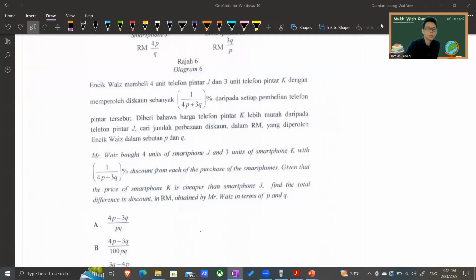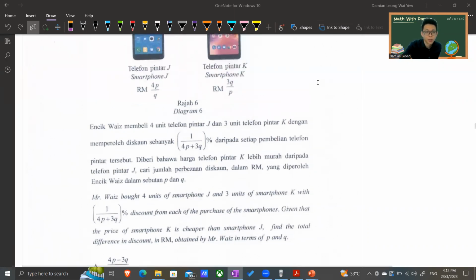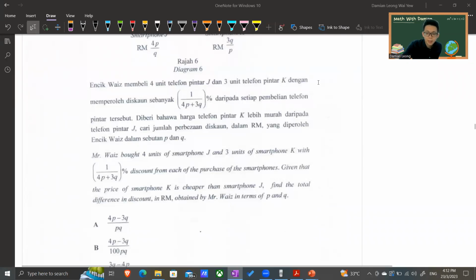Okay, so I want the total difference in the discount for smartphone J and for smartphone K. Basically, it is 4 times the price of smartphone J minus 3 times the price of smartphone K, because there are 4 of it and 3 of it bought.